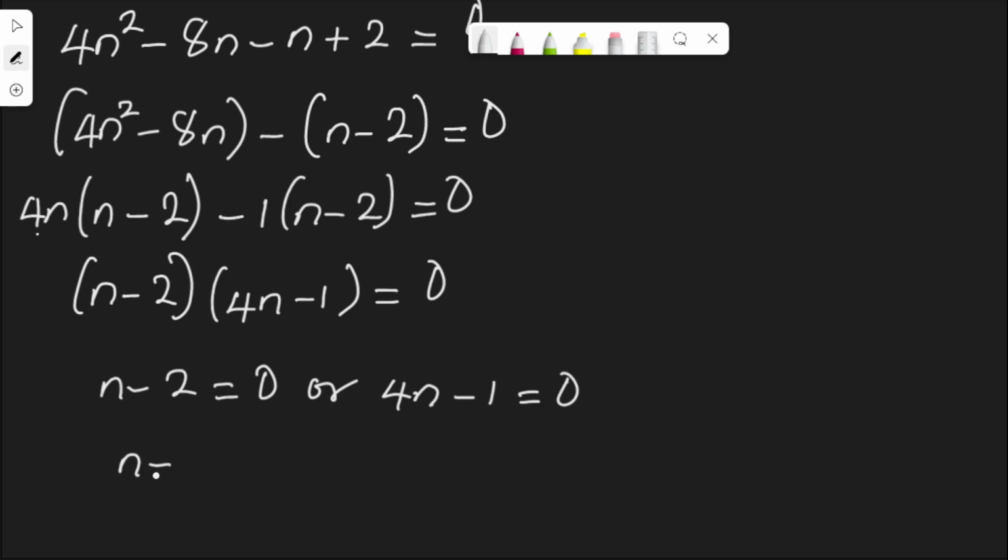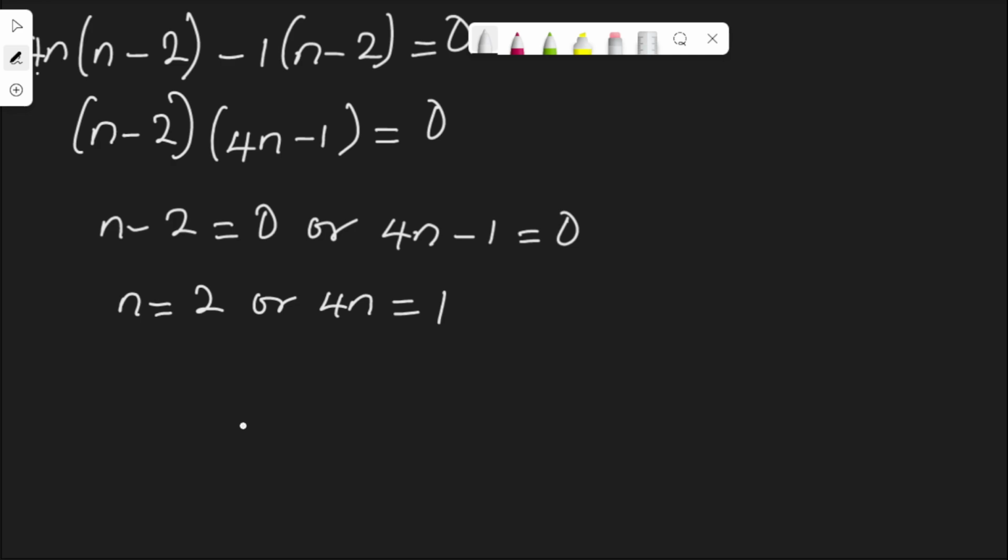That means n is equal to 2 or 4n is equal to 1. That's moving this to this side, this to this side. When minus crosses equality it becomes plus. Therefore, n is equal to 2, or dividing both sides by 4 here, n equal to 1 over 4.